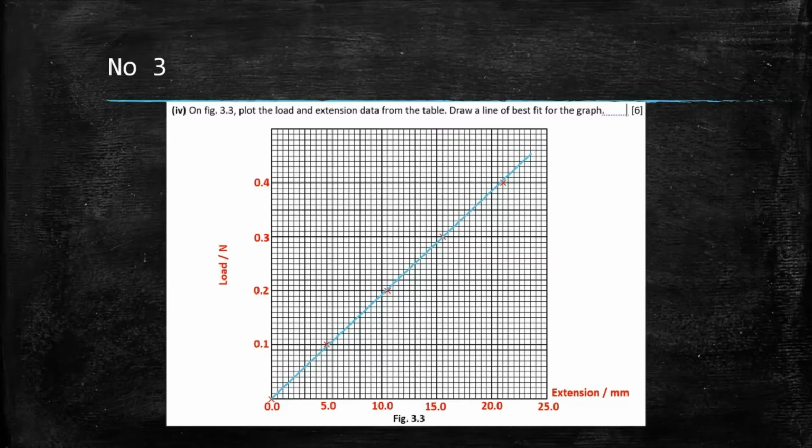Draw a right angle triangle on the graph to mark which 2 points are used to calculate the spring constant. I choose the same points, 15.5 with 0.3, this one, and 0 with 0. So, my right angle will look like this.